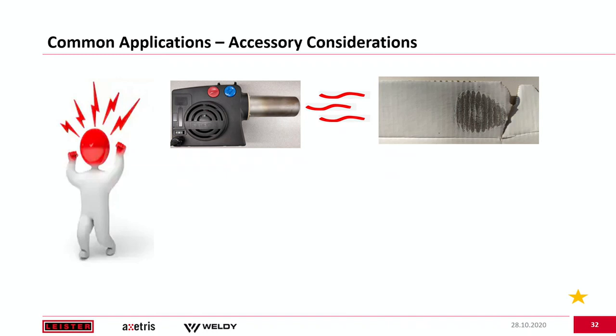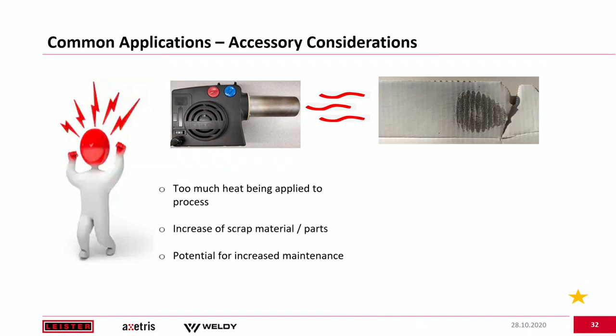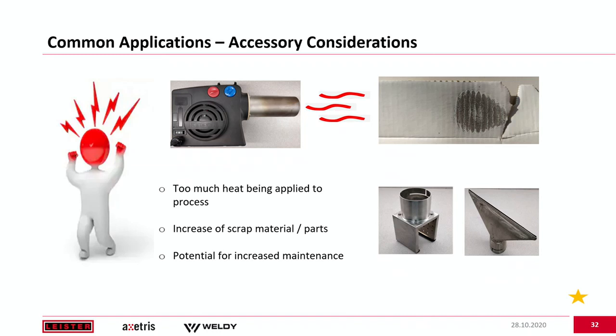Again, this is not what you want to do with your process. You're looking for a nice, clean, quality product at the end of the day. In order to achieve that type of result, you have to focus the energy specifically into the material that you're working with, and you should do that with one of the nozzles that we have in the portfolio.